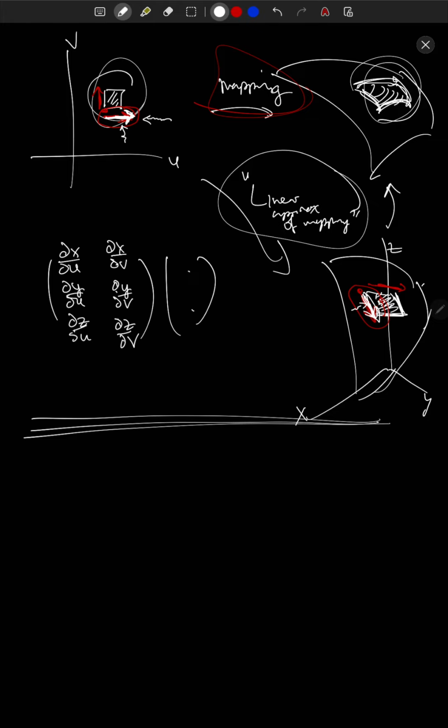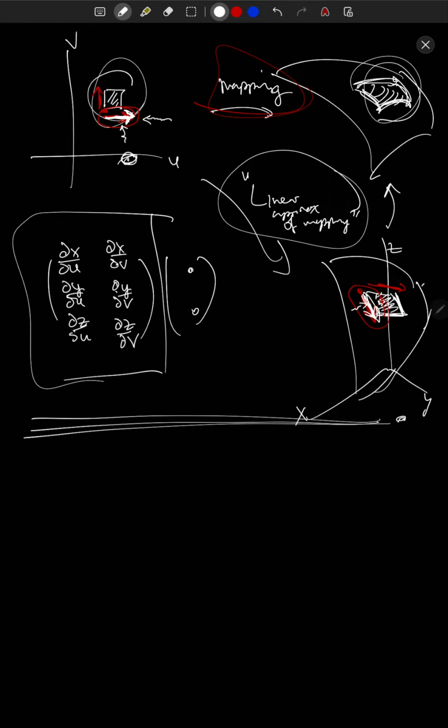All right, and this is the correct way. Anytime you have a mapping, there's an associated mapping of vectors from your domain to your range, right? And this would be that associated mapping.